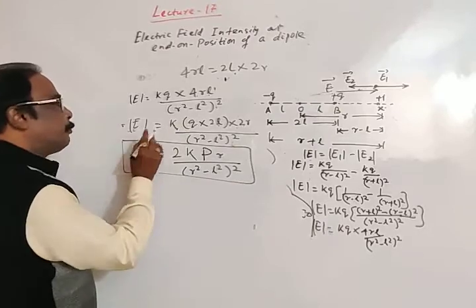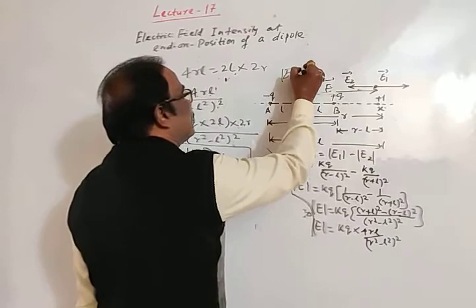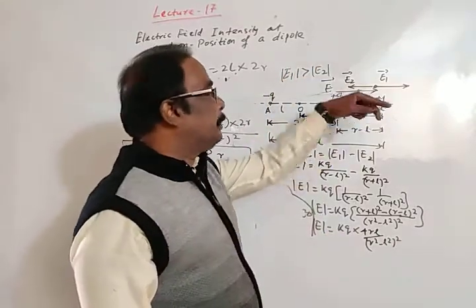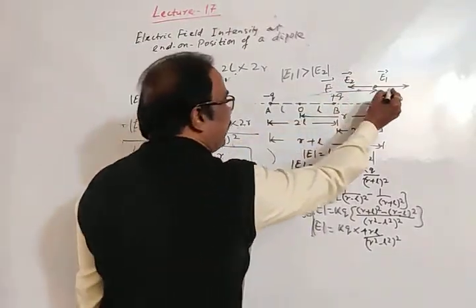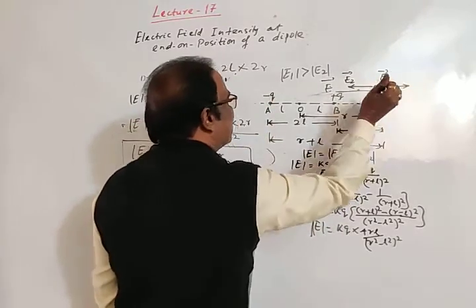And as we know, since the magnitude of E1 is greater than that of E2, the direction of the resultant field is along the direction of E1. The direction of E1 is along the positive x-axis.